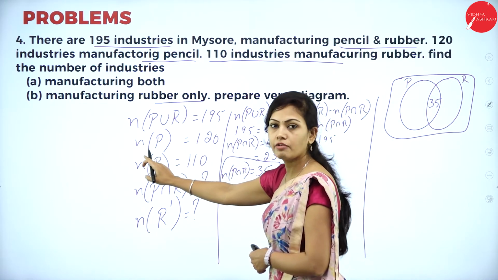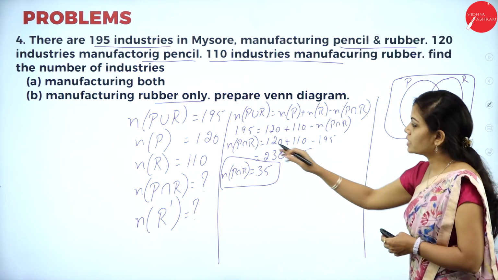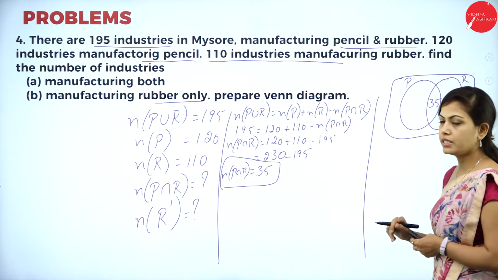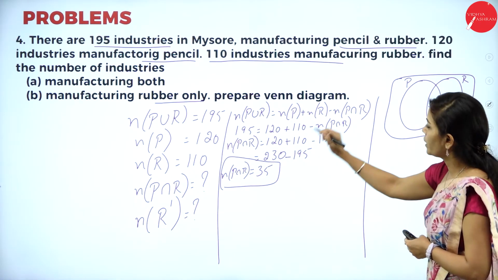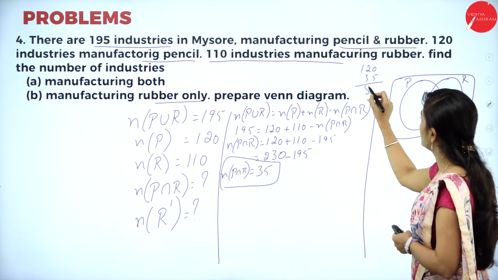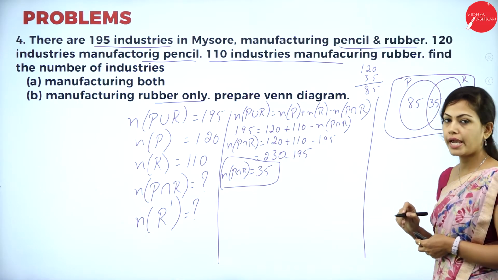So here I have N of P is equal to 120, N of R is equal to 110. You just subtract from that number the common number called P intersection R. So 120 minus 35 is equal to 85. So P only is equal to 85.